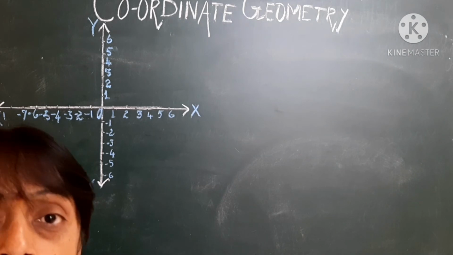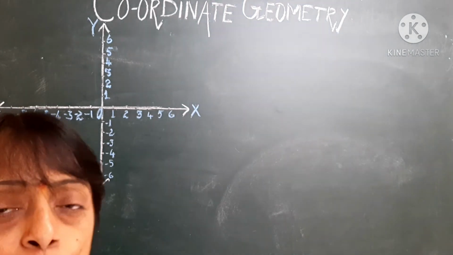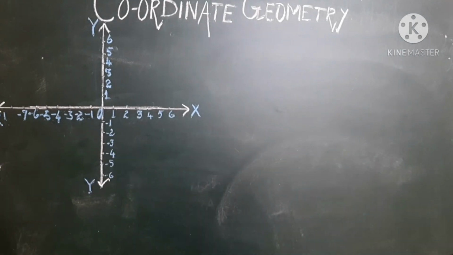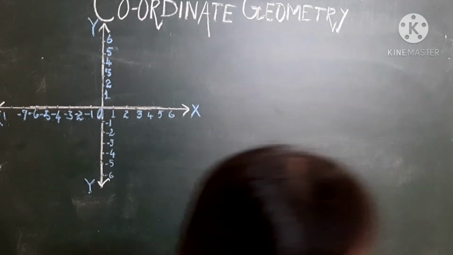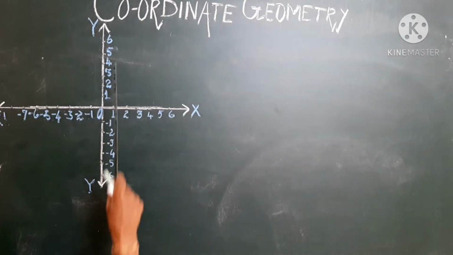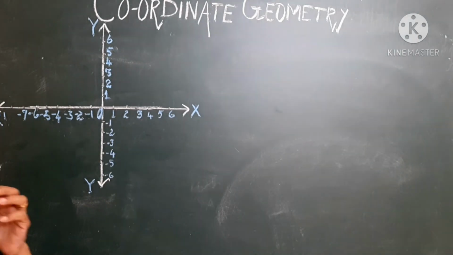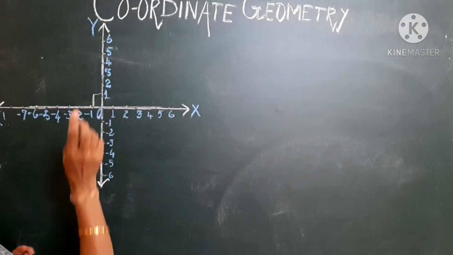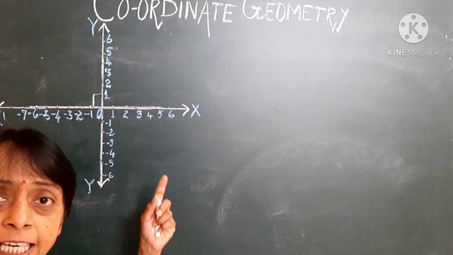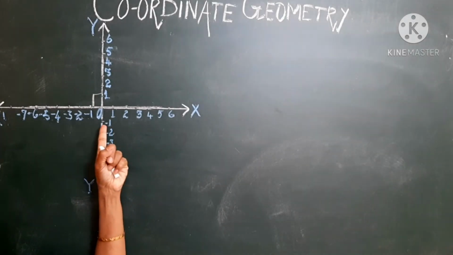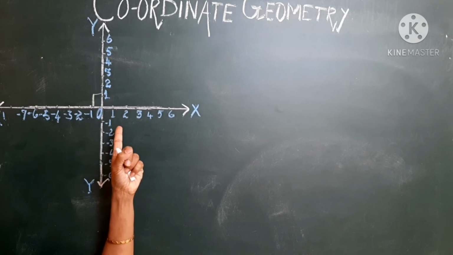We know the coordinate system consists of two axes. One, as you can see, is the x-axis, which is a horizontal line, and the other one is a vertical line. They're always drawn perpendicular to each other. The intersection point of these two axes is always with the numerical value 0.